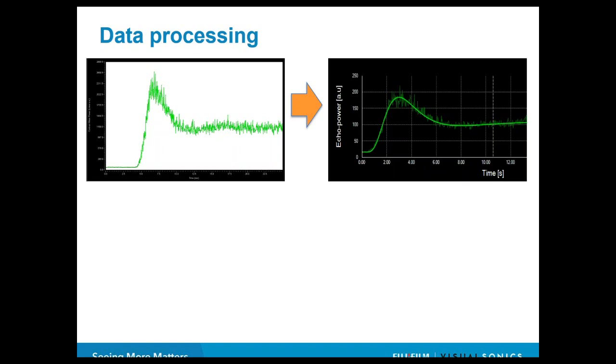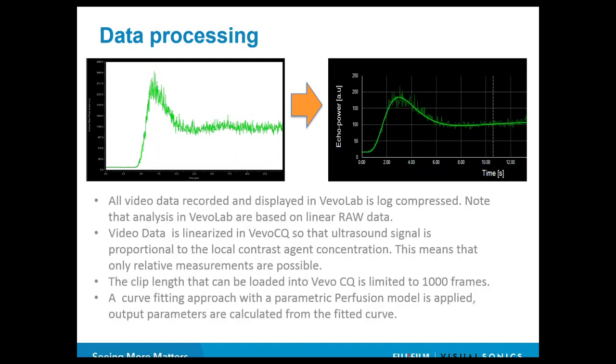How does it work? First of all, all the video data that we record on the Vevo systems and that we have in Vevo Lab is log compressed data, okay? The time intensity curves you see on the Vevo systems are based on the linear raw data, but the video information is log compressed.